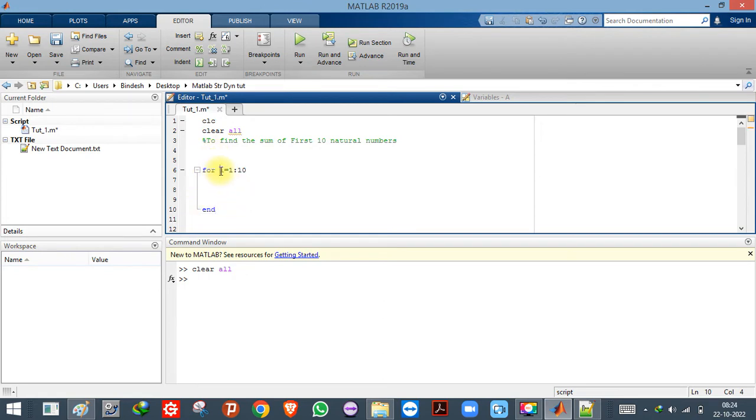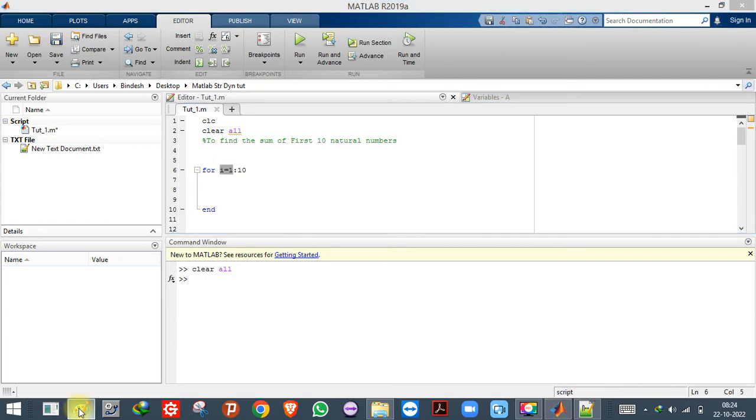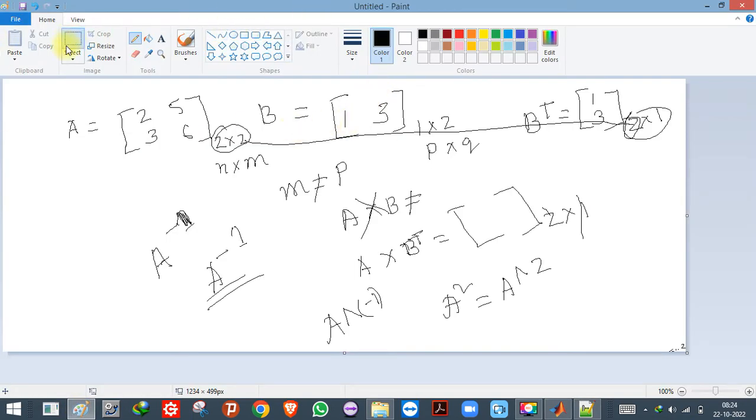For i equal to 1 to 10, that means i will vary 1, 2, 3, 4.